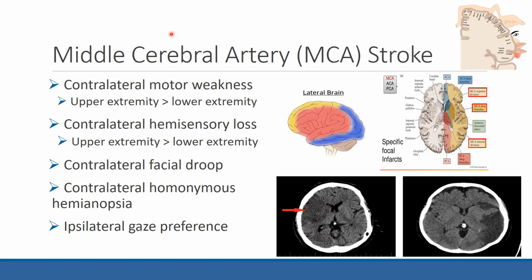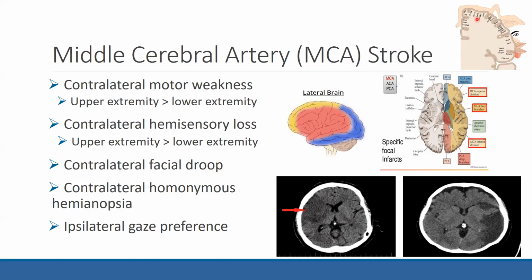So the first is you're going to have contralateral motor weakness. So if you have a left MCA stroke, you're going to have motor weakness on the right side, right? And so it's going to be more apparent in the upper extremity compared to the lower extremity. So you're going to expect more arm weakness than you are leg weakness. And so let's think about that. We know that our motor strip has a homunculus, right?